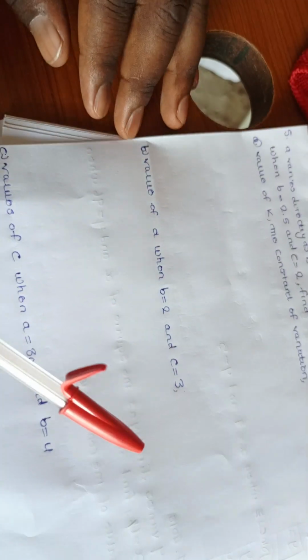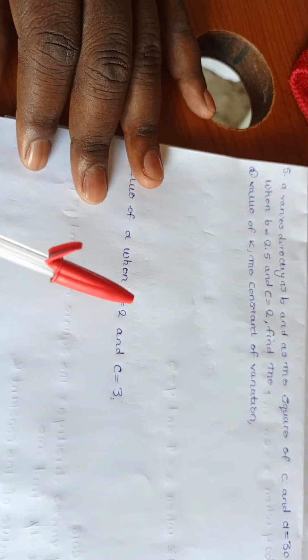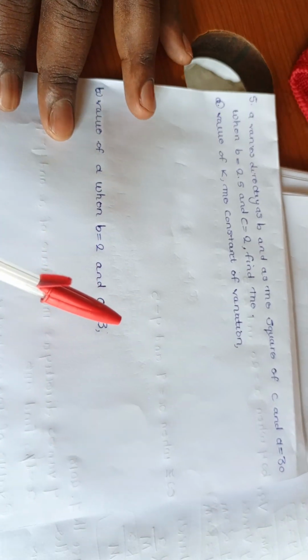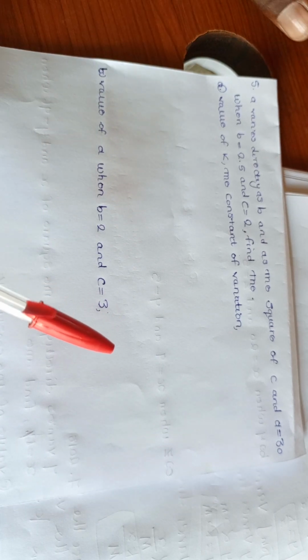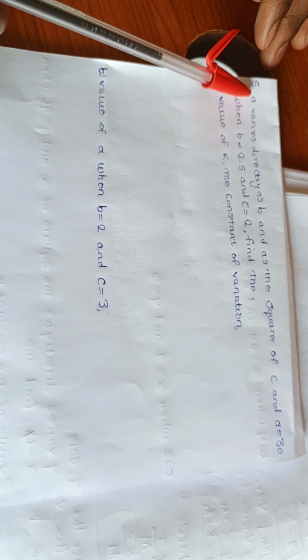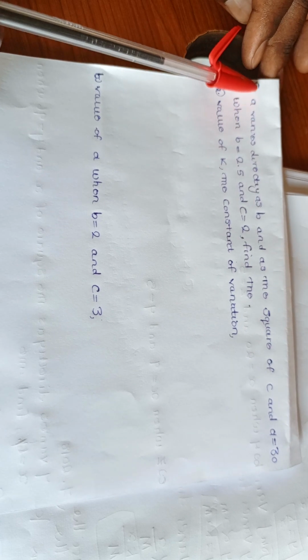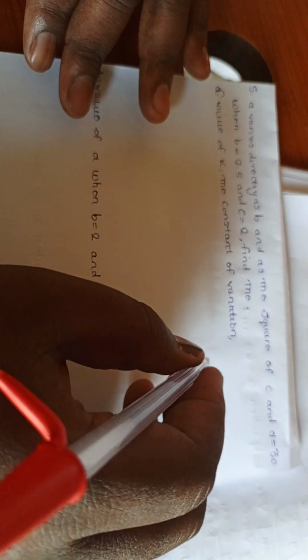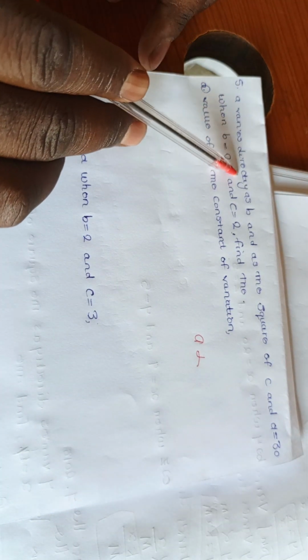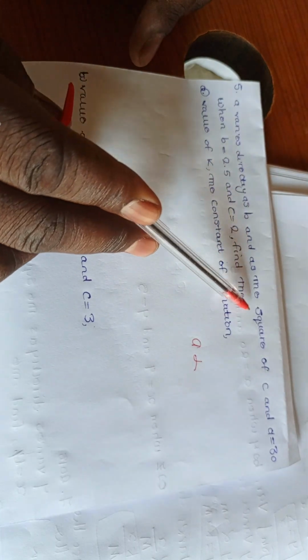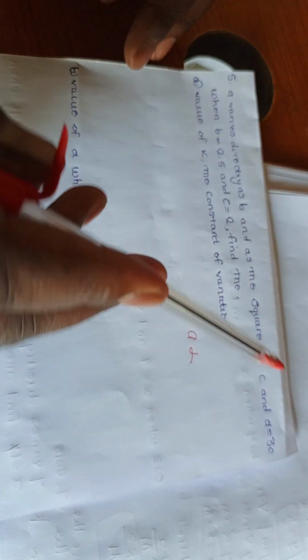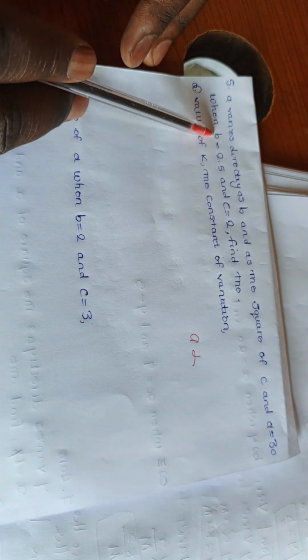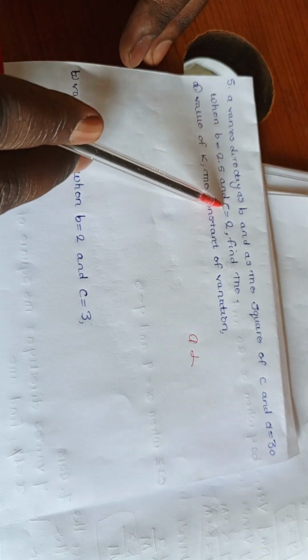Okay, we go to the next question. Next question is here. A varies directly as B and as the square of C. And A is equal to 30 when B is equal to 2.5 and C is equal to 2.